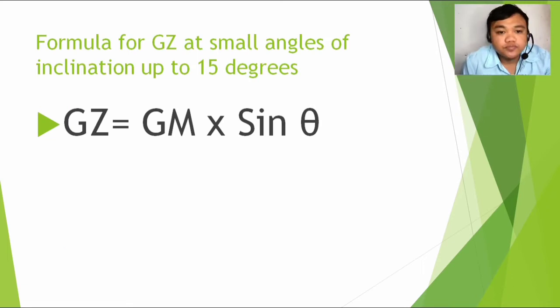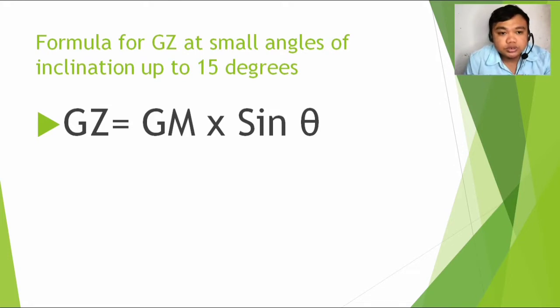Okay, so what is the formula for GZ at small angles of inclination? You have this one in your basic stability and trim the past semester. GZ equals GM times sine of angle of heel.